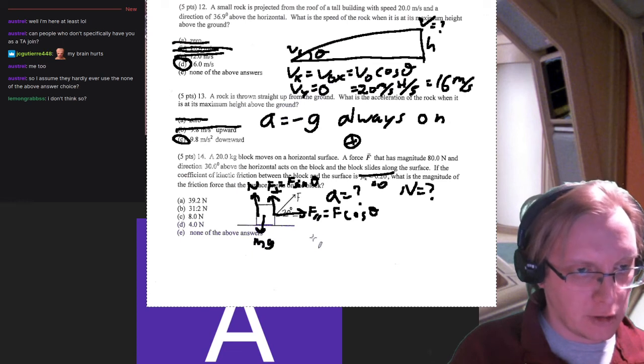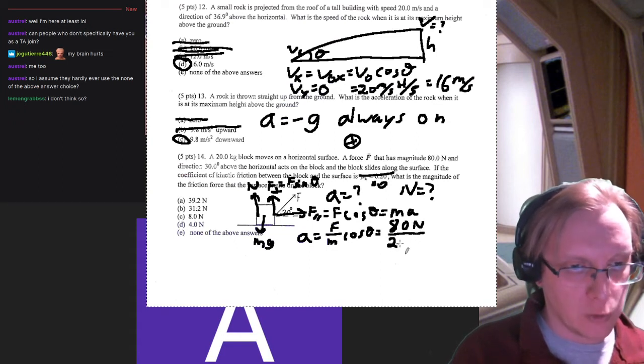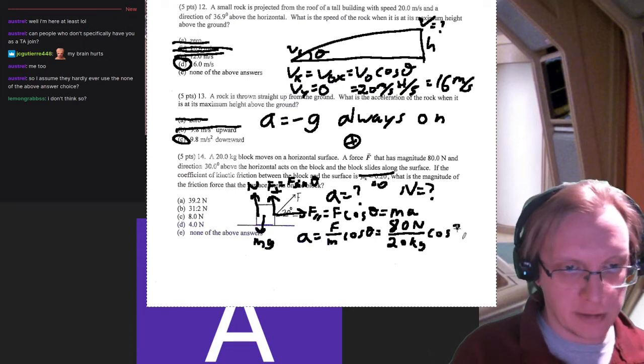All right. So our acceleration. This is ma. So then our a is equal to F on m cos theta. F is 80 newtons over mass of 20 kilos times our cosine of 30 degrees.